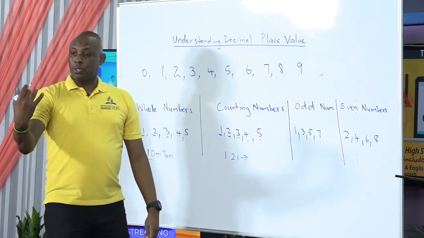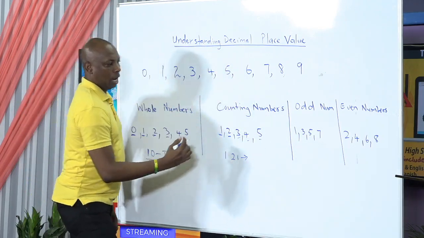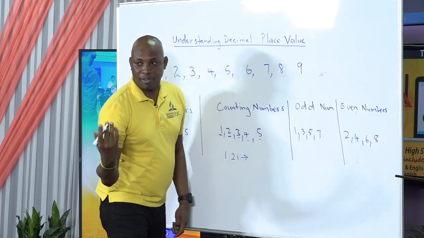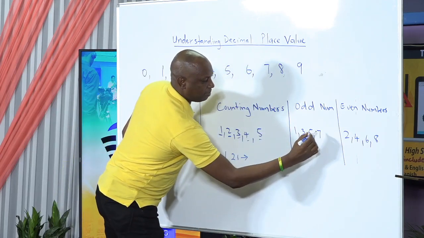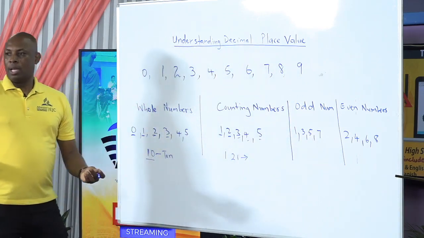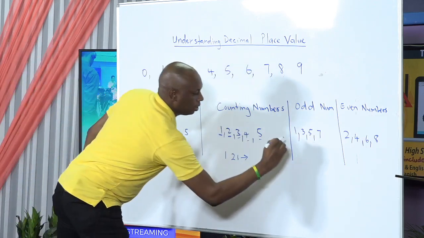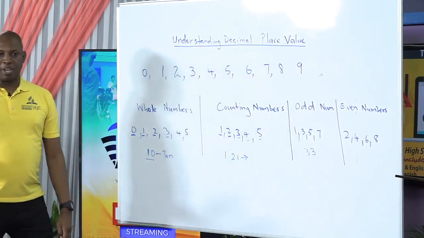If I wanted to do odd numbers, same digits that we're using, we would use numbers that, when divided by 2, leave a remainder: 1, 3, 5, 7. If I want to create a number like 33, I could use 3, and I could use 3 again. I could look at even numbers.